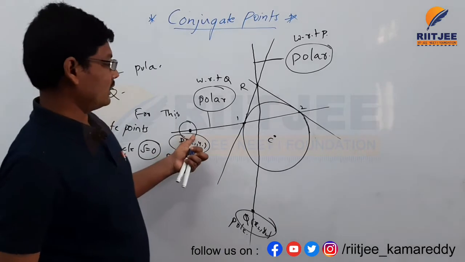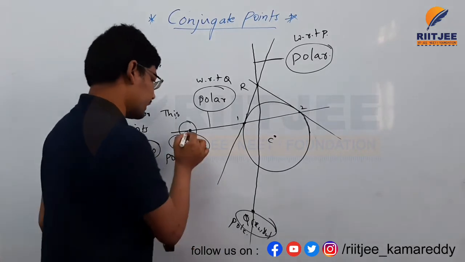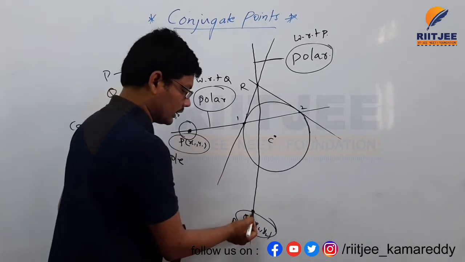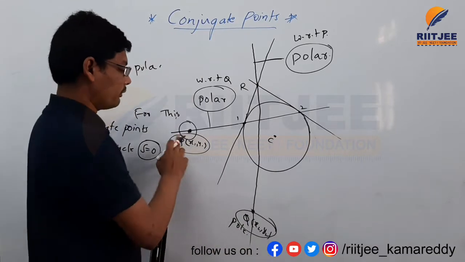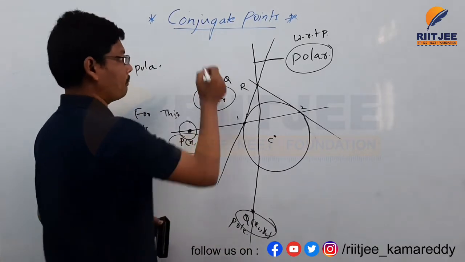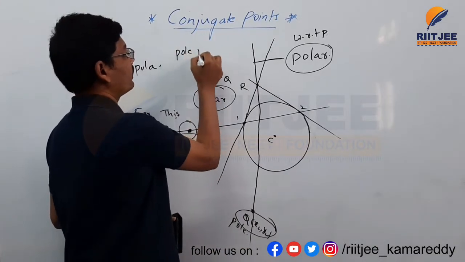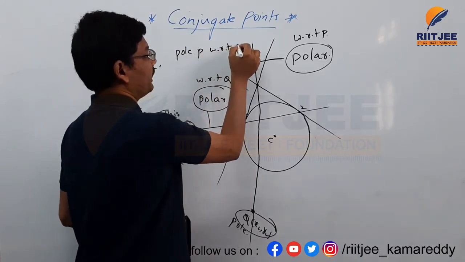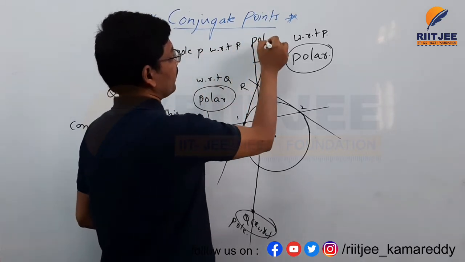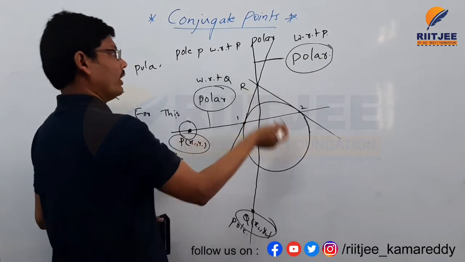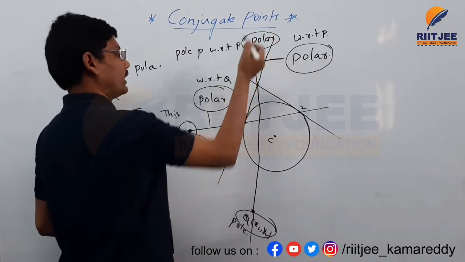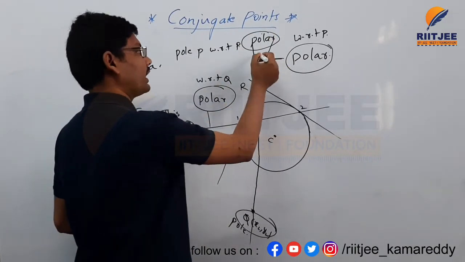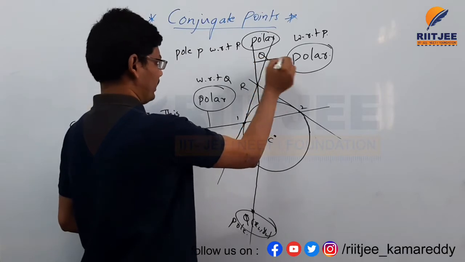Here, if P is taken as a pole and Q is also taken as one more pole, for the pole P we are getting one polar, and on the same polar we are taking a point Q here.